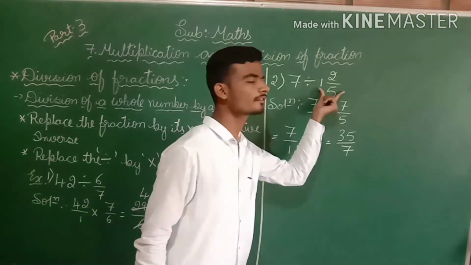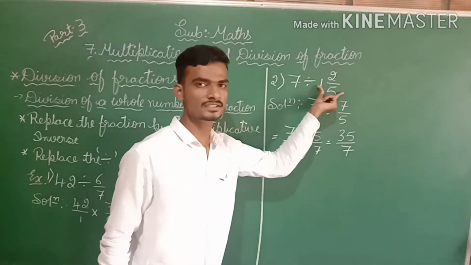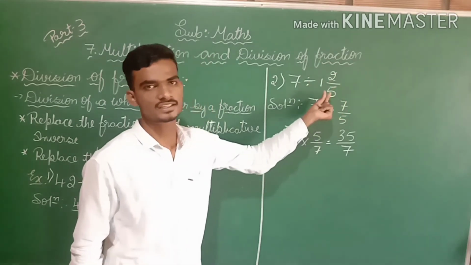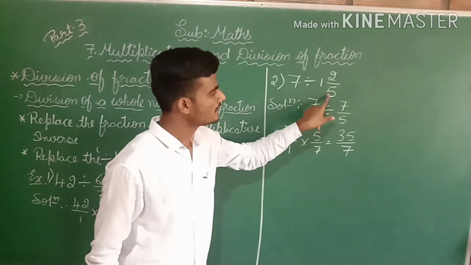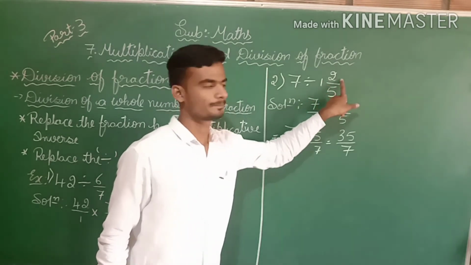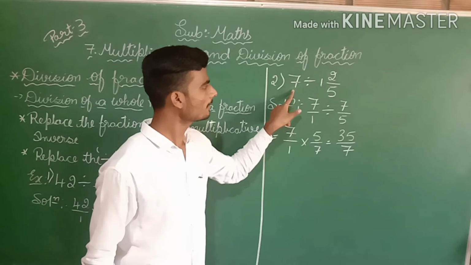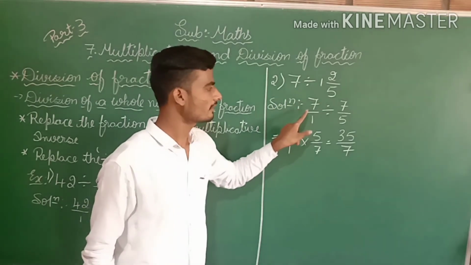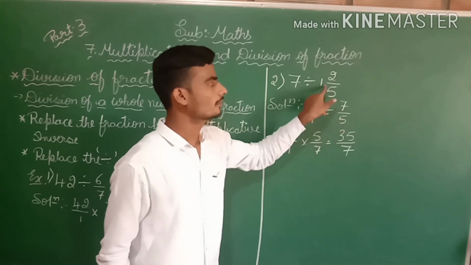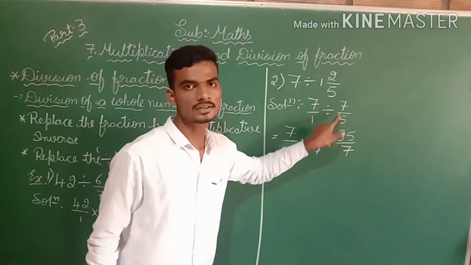You already know how to convert mixed fractions into an improper fraction. 1 5 is a 5, 5 plus 2 is 7. The whole number part you write as 7 by 1, divided by 7 by 5. You know how you got 7 by 5.